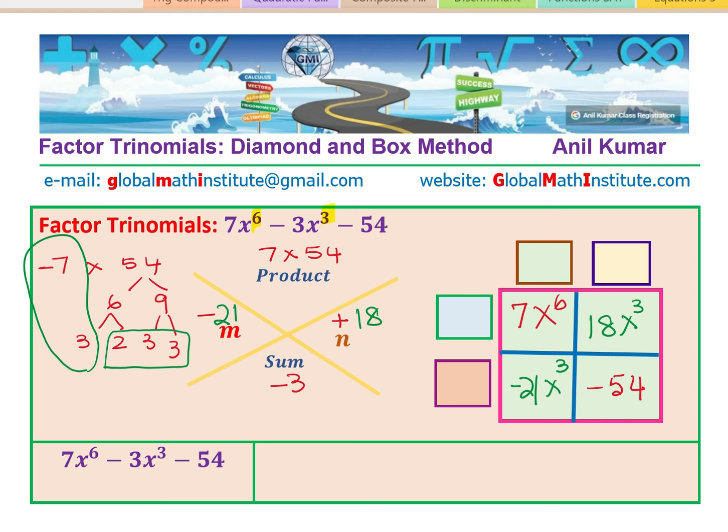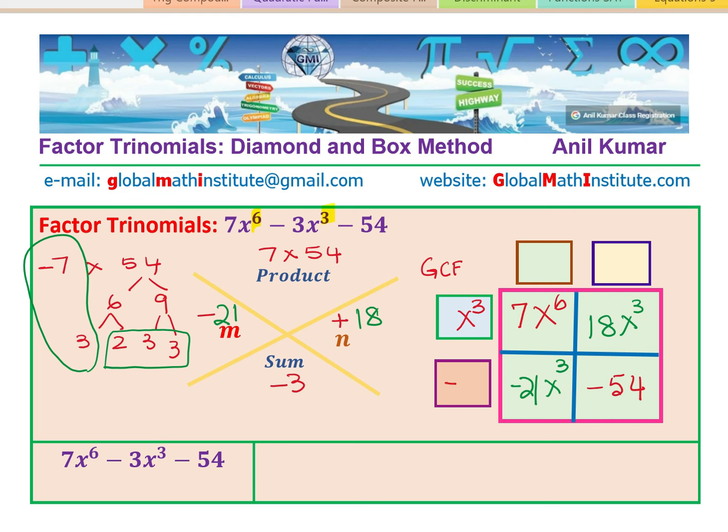Now let's go for the greatest common factor along the rows and then the columns. Along the row, we get x cube for the first row, and 21 and 54. What is common between these? Well, 21 is 7 times 3, correct? So 3 is also common in 54.